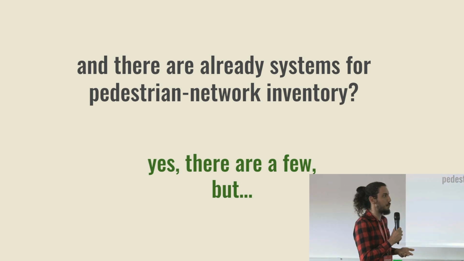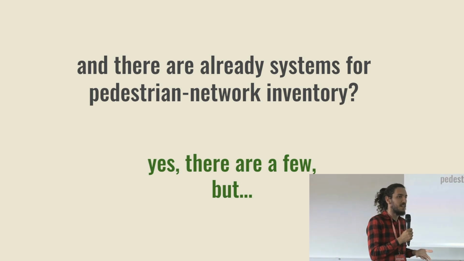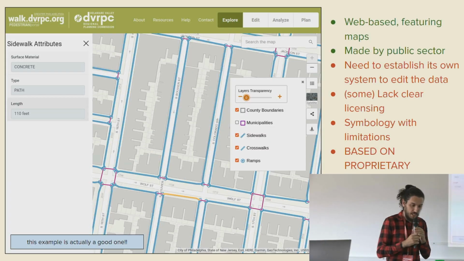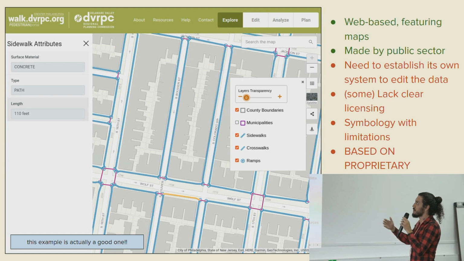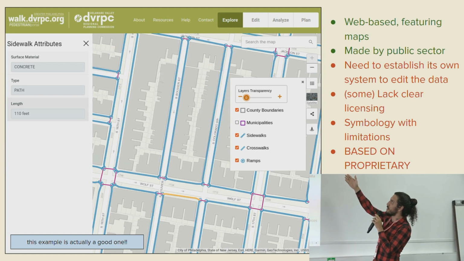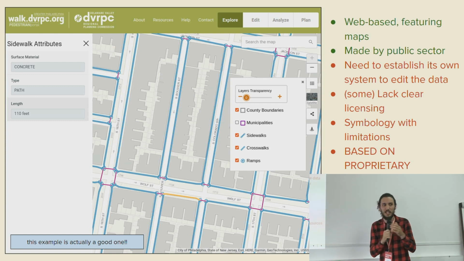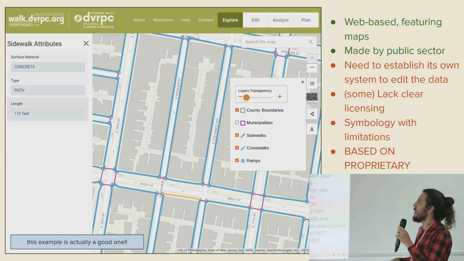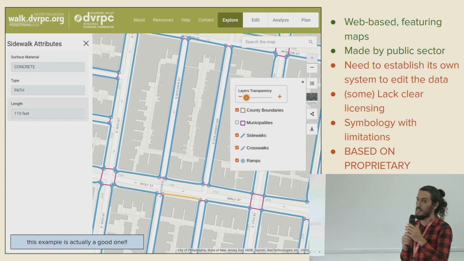Regarding this topic, there are already systems for pedestrian network inventory. There are a few of them, and there are good points about them. Generally, they are web-based, featuring maps, and they are made by the public sector, so they are generally publicly available. But generally, they need to establish their own system to edit the data.